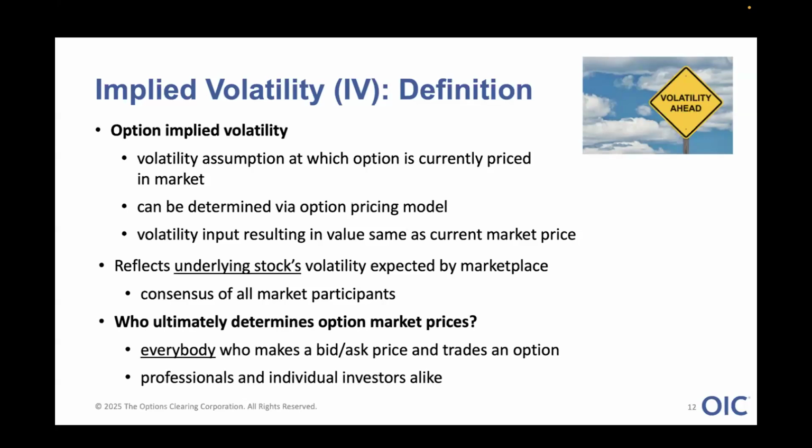There could be market makers like I used to be, standing on a floor making a two-sided market in options for a particular stock. It could be retail investors such as yourselves. It could be hedge funds, pension funds, banks. Anybody who's buying and selling options is having an impact on those prices. And because they're having an impact on the prices, they're having an impact on the implied volatility.